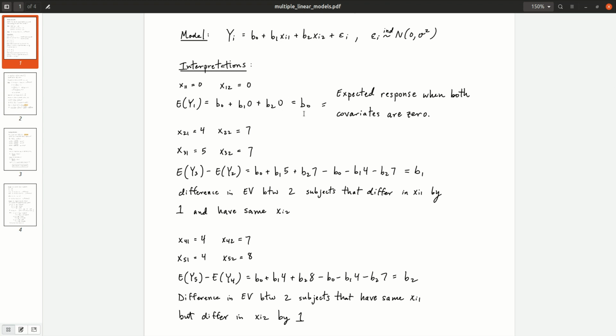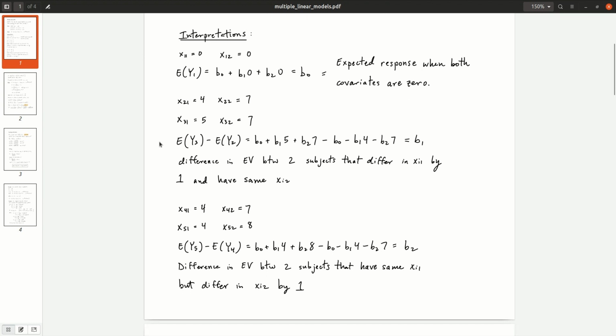So we've successfully isolated this b0 parameter, also called an intercept parameter, by picking specific values of the covariates, which allows us to interpret this. And the interpretation is the following. This is the expected response when both covariates are 0. Okay, that one's not too complicated. It's sort of like an intercept.